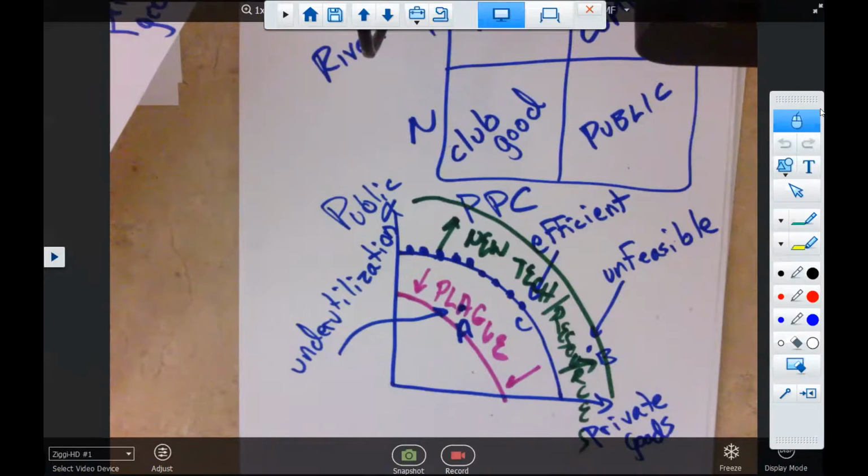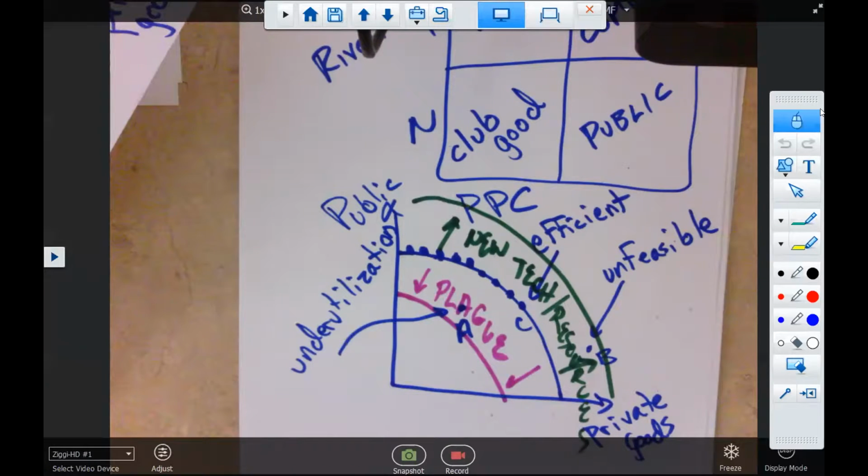Government, and why? Right, but what about the good? Is it non-rival or rival? Non-rival. And is it non-excludable? Non-excludable. That's why we keep it in the government. Awesome. Okay, Drew.